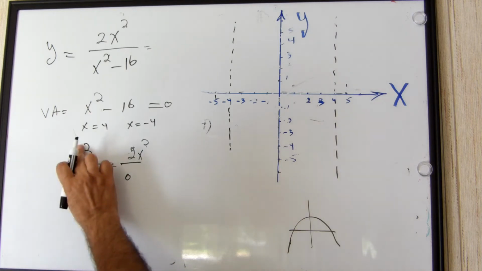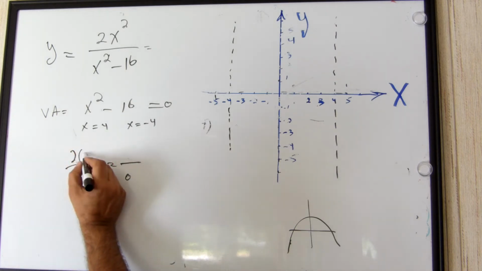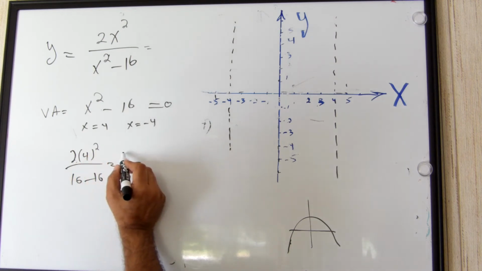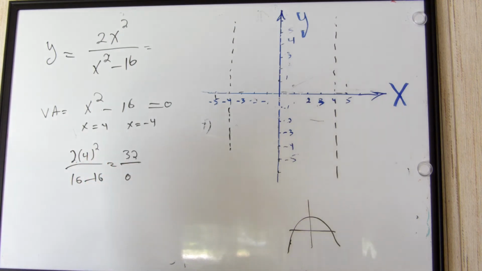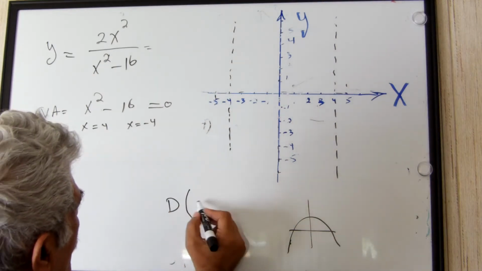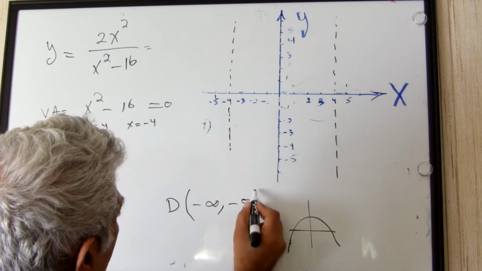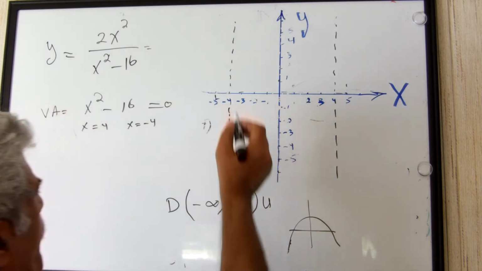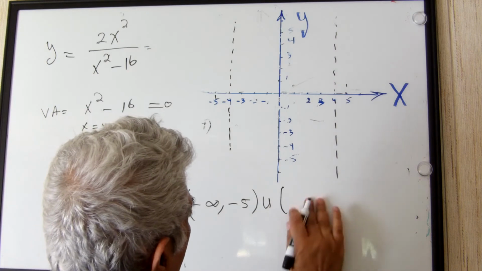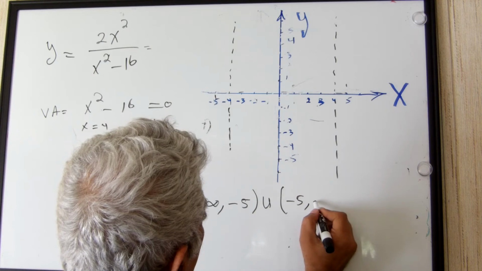The numerator is going to be 2 times 4 squared, which is 32, and then 32 divided by 0 is infinity. So we cannot give plus and minus 4. So the domain of this function is minus infinity to minus 5, union from minus 5 to plus 5.